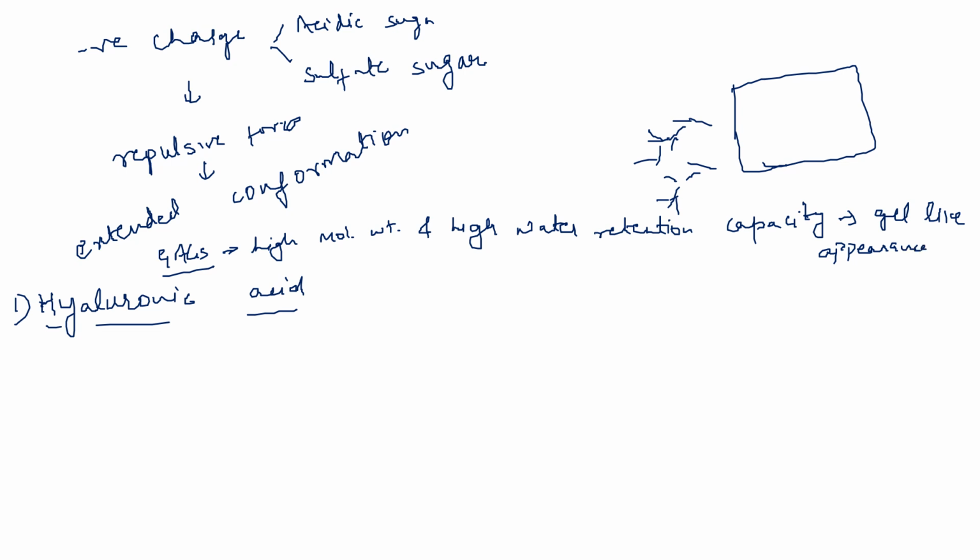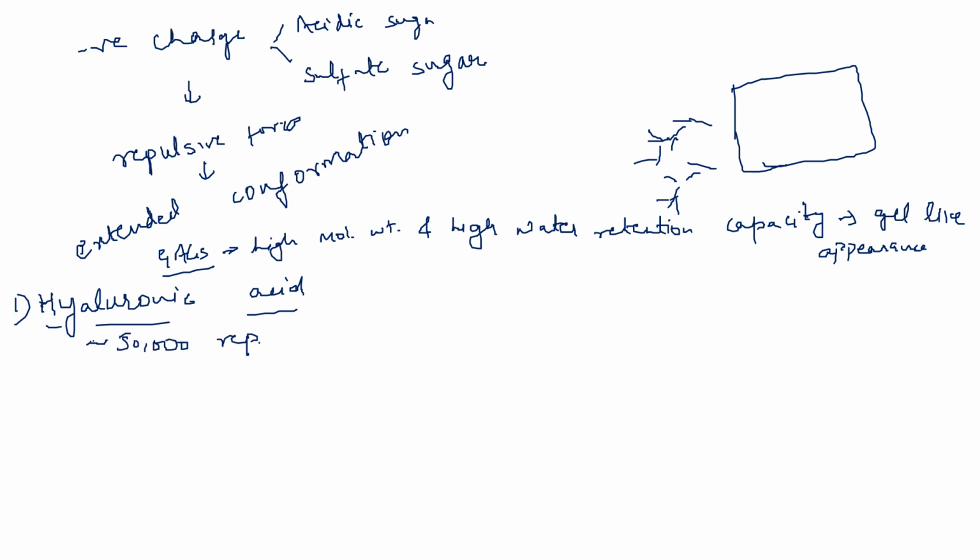So now we'll take some examples. Hyaluronic acid is the simplest glycosaminoglycan, with nearly 50,000 repeating units.